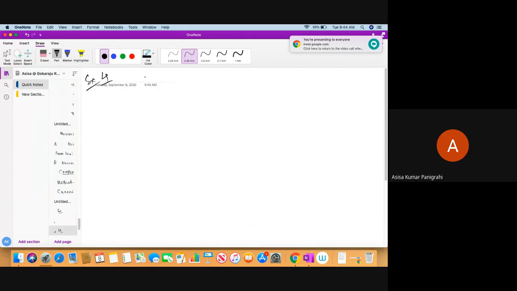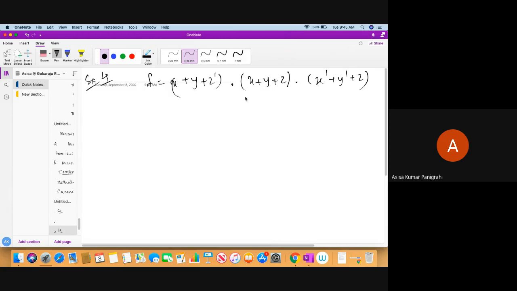Let's say the function is like this now: x or y or z bar, and x or y or z, and x bar or y bar or z. Now see here, this is in which form? Product of max terms.